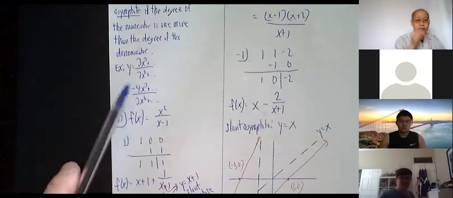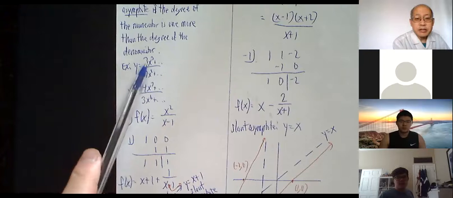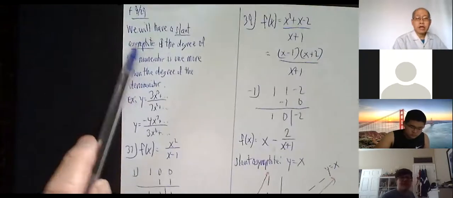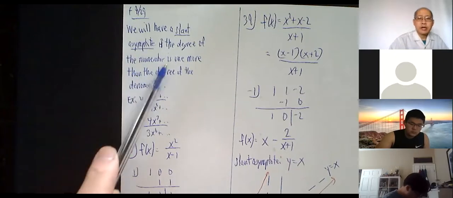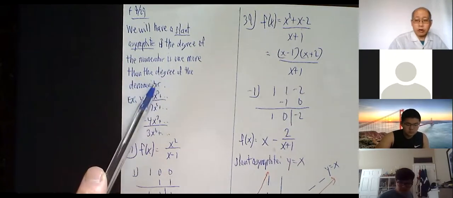That means something like this. So the top is 3x cubed, the bottom is 7x squared. We will have a slant asymptote if the degree of the numerator is 1 more than the degree of the denominator. Exactly 1 more.